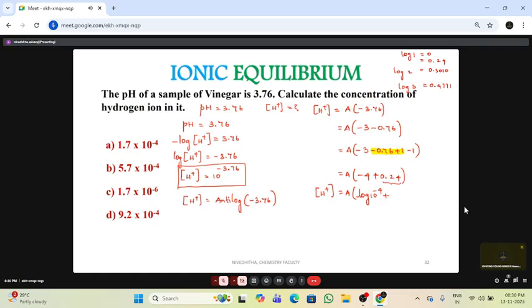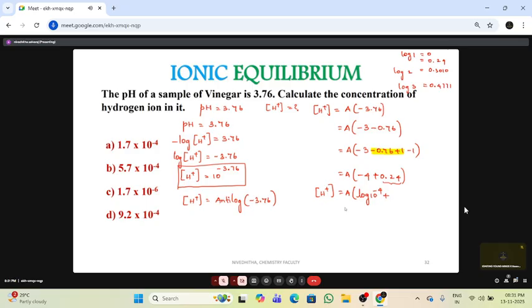You getting my point? You have to write 0.24 in terms of log. Can you please tell me any log between log 1 and log 2?